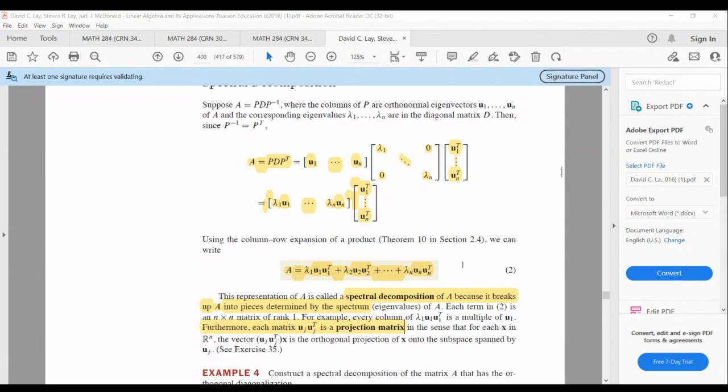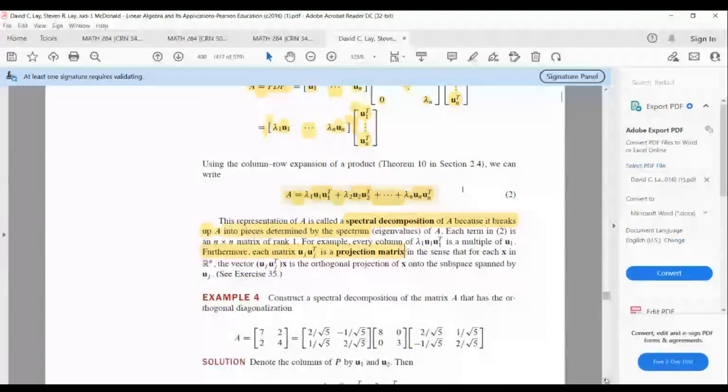But the point is, you can express the matrix A as a linear combination of these projection matrices onto the subspaces spanned by the different u vectors. So how would we do a spectral decomposition?